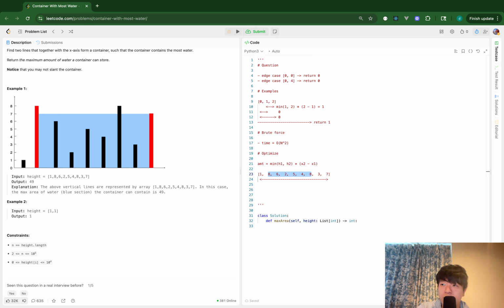So one thing I can say is, I will use two pointers. This should be left, and this should be right. Sorry, the indices should be 0, 1, 2, 3, 4, 5, 6, 7, and 8.